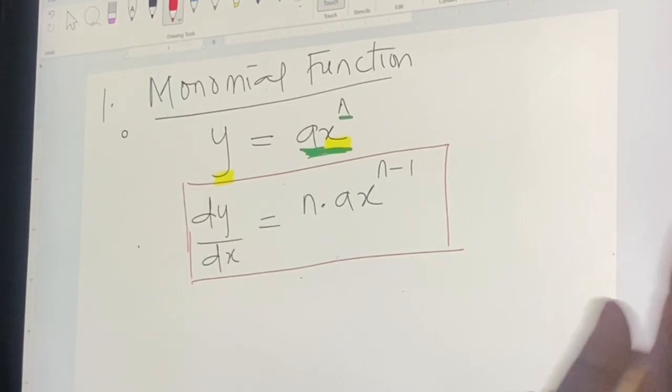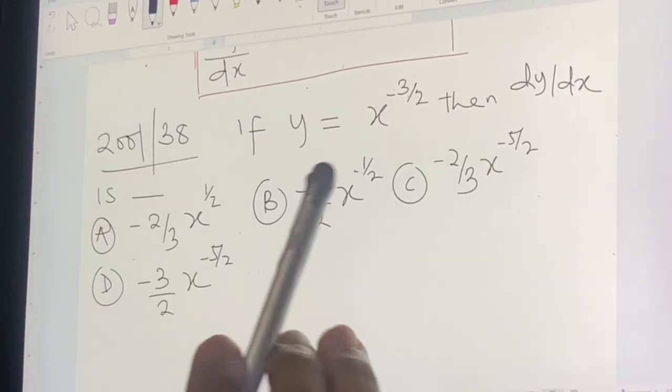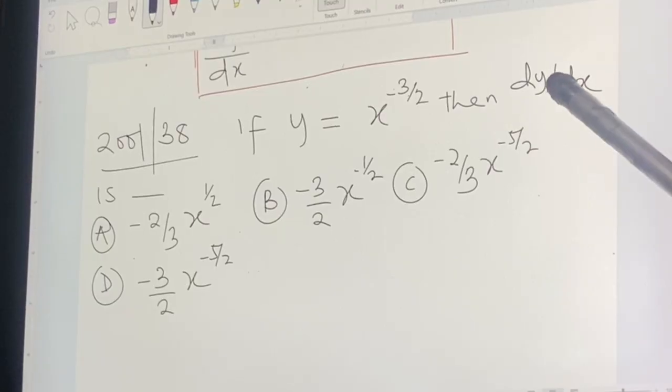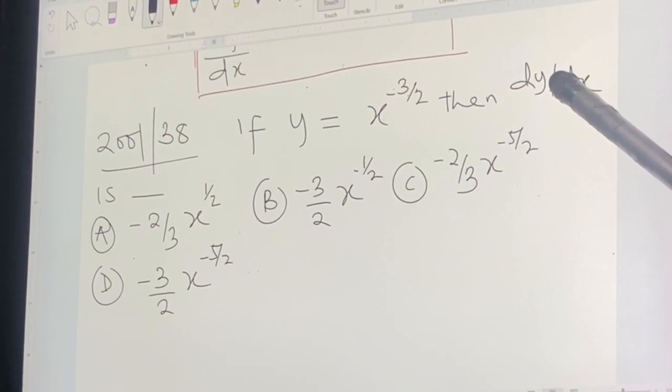Now let's solve a question here to apply this particular law. We are given a 2021 question 38. They said if y is equal to s raised to the power of minus 3 over 2, then dy ds is, and we are given options.